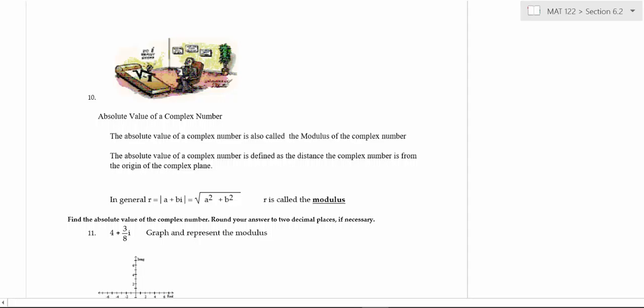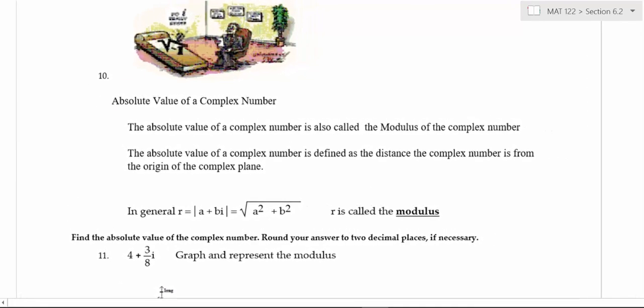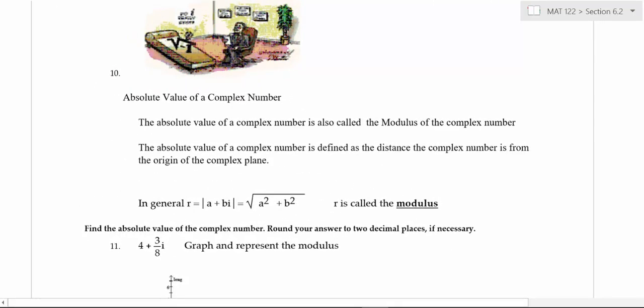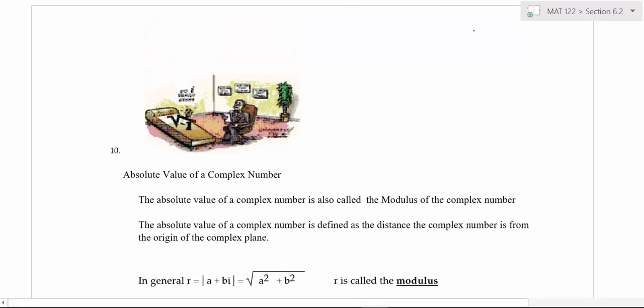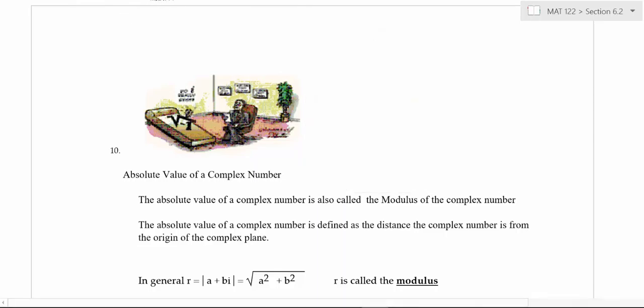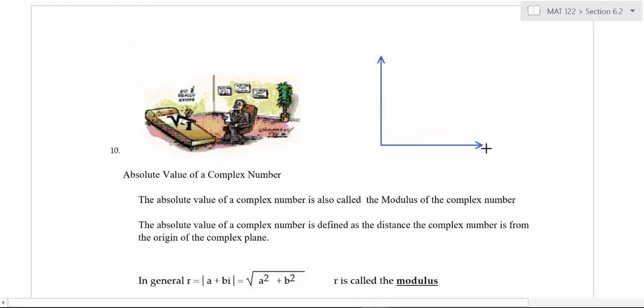All right, so let's look at what we mean by the absolute value of a complex number, and we'll kind of begin to look at that a little bit. So the idea basically is this. I'm going to just do a graph over here real quick, and I'm going to represent this just on a complex plane. So I'm going to have you draw out a coordinate system here.